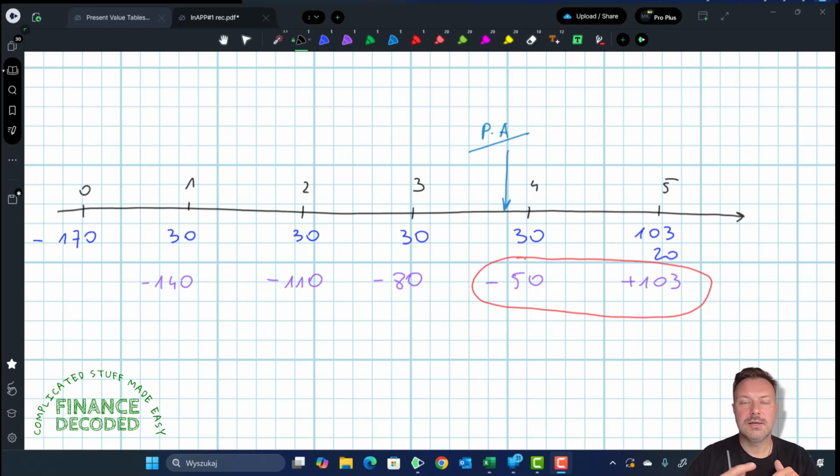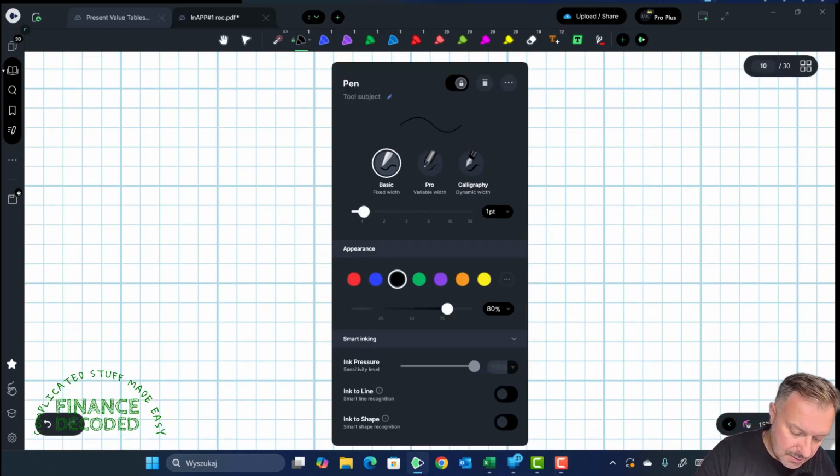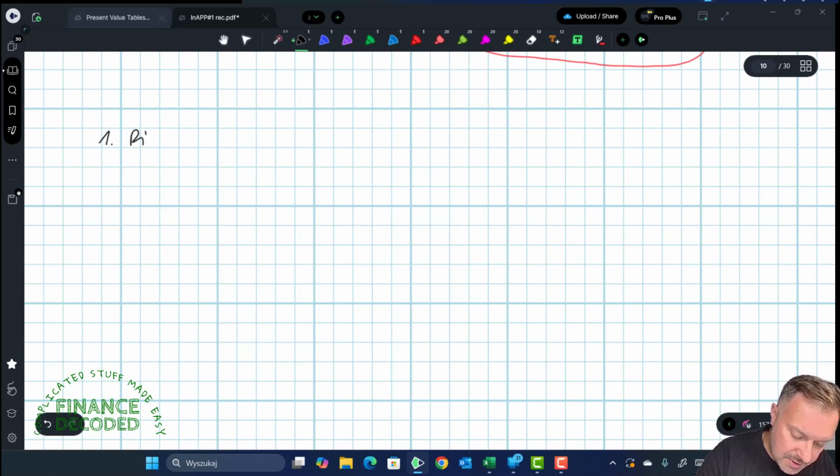Well, there are two reasons why investors prefer cash returns to appear rather early than late. The first reason is risk.